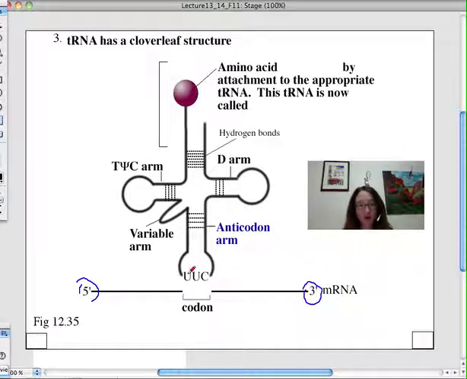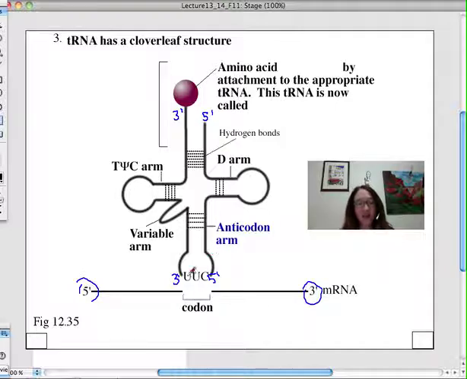So the anticodon must be antiparallel to that. That is, this must be the 3' side, and this must be the 5' side. Now, if we follow that all the way through the whole tRNA, we would recognize this to be the 5' terminus and this to be the 3' terminus, and it turns out that the 3' end is where the amino acid attaches onto the tRNA.